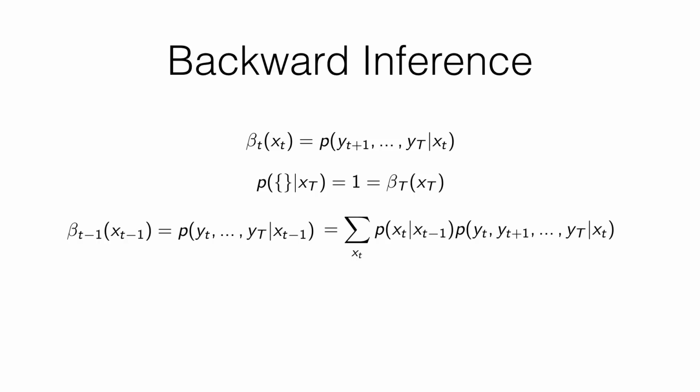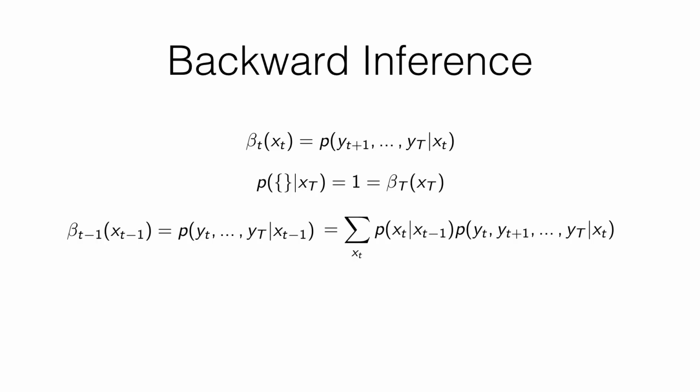So we sum over all the possible settings for xt, and we sum up the probability that we transitioned to xt from xt minus 1 times the probability of all future evidence. For us, living in t minus 1, all the future evidence includes little t, then t plus 1, all the way to capital T.